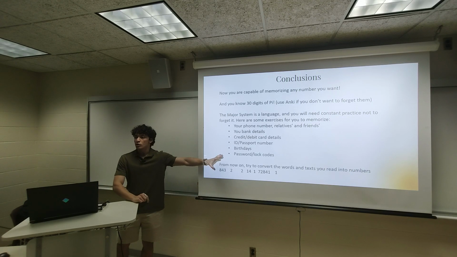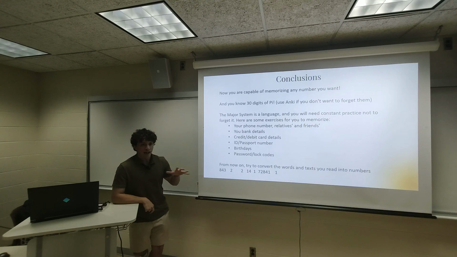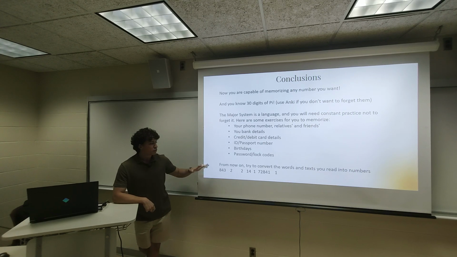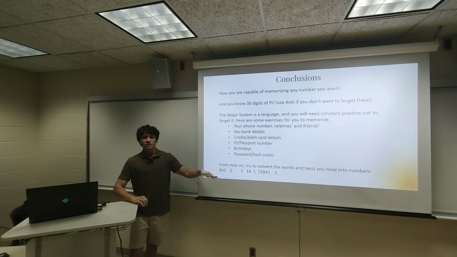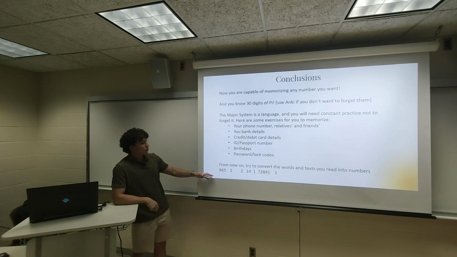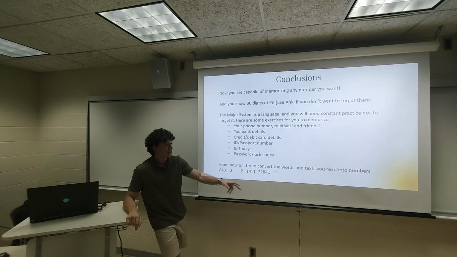And a very important exercise for you to do in the fall break, in the weeks to come, to actually get fluency in the major system, get really fast: every time you see words, convert them to numbers. Because now, all words can be converted to numbers. From now on, try to convert the words and text you read into numbers.